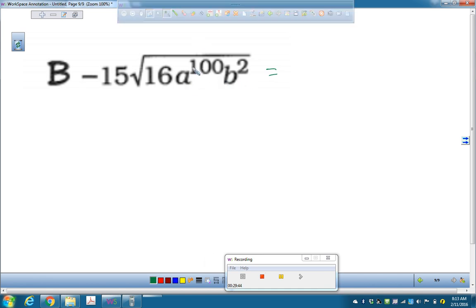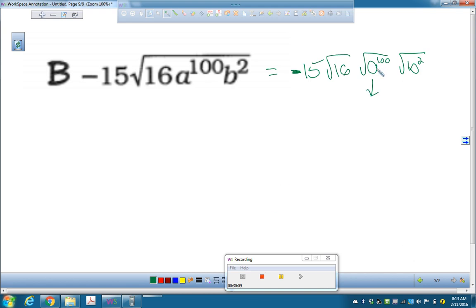So don't worry about the absolute value, but if we were doing this on a test or something, you have to include absolute value. You want to break this into a bunch of separate square roots. Leave the negative 15 outside. What's the square root of 16? 4. Okay? What's the square root of a to the 100th power? Not a to the 10th.